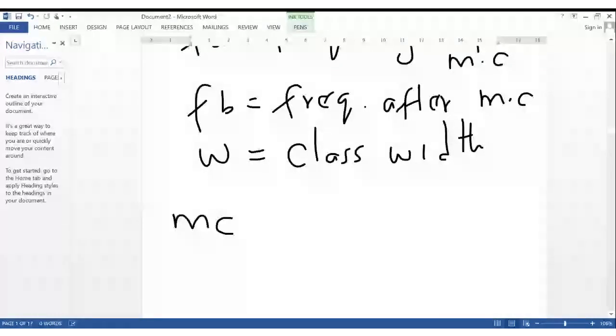The median, again, let me see the formula that I gave you.